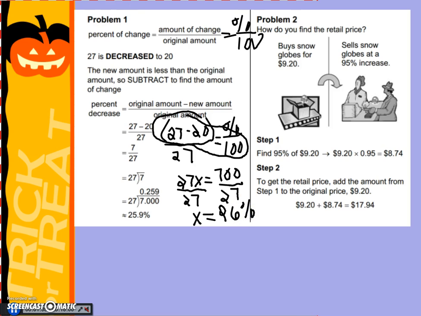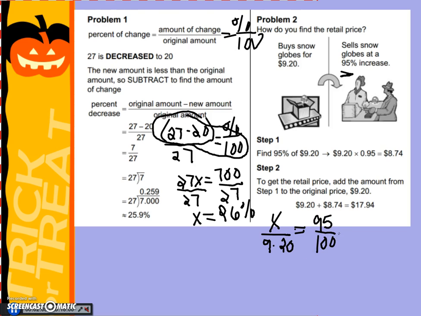Okay, let's look at problem number 2. On problem number 2, it says that you're going to buy snow globes for $9.20. So that's going to be our original amount. So we have X over $9.20 because we don't know the amount of change. And remember, every percentage is out of what? 100.